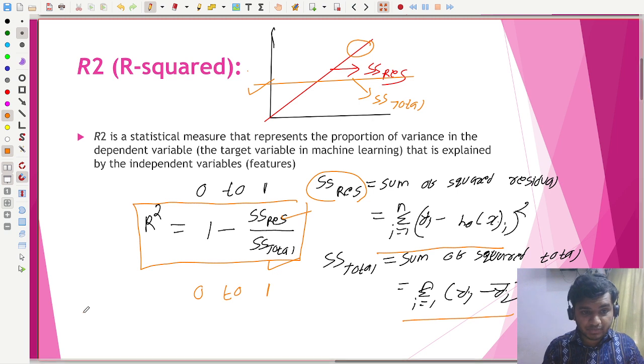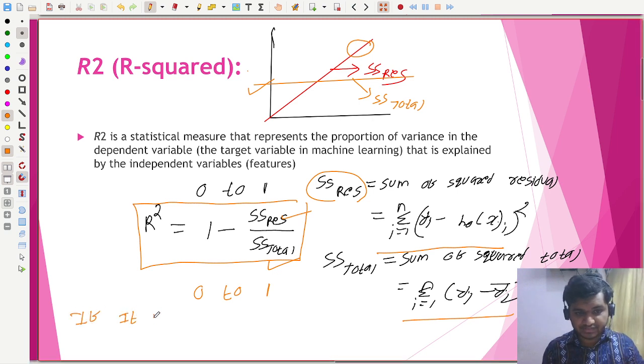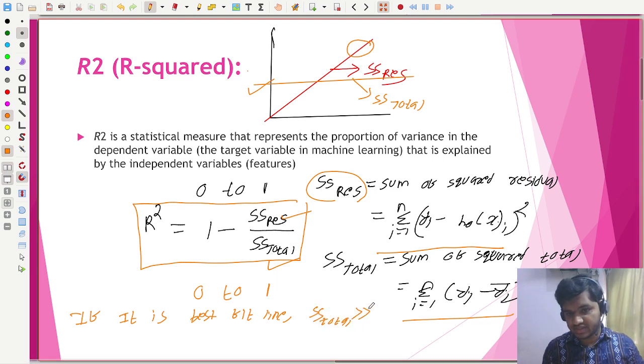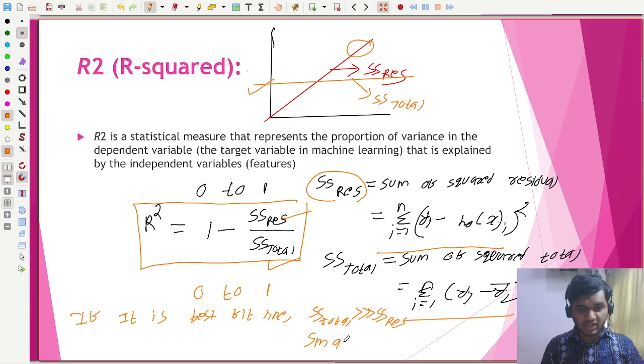If it is the best fit line, then SS total is much greater than SSRES.